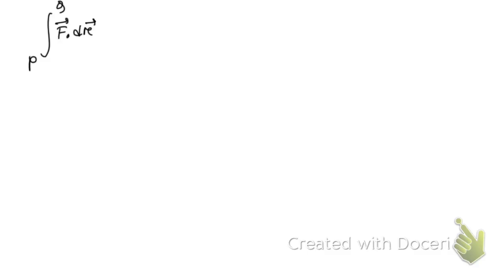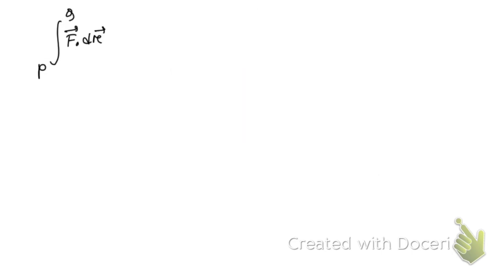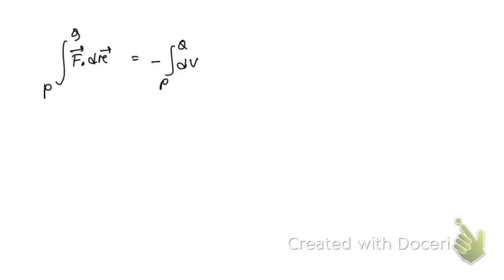So this one becomes equal to, now let me copy this, and that's going to be equal to what we have got, this, right? So how have we got this? From equation 1 and 2, that's what we have got, right?